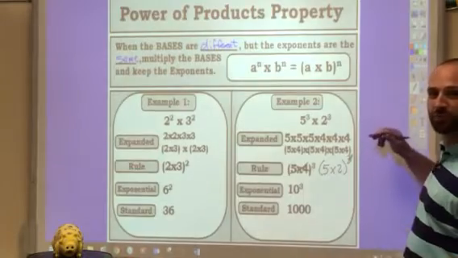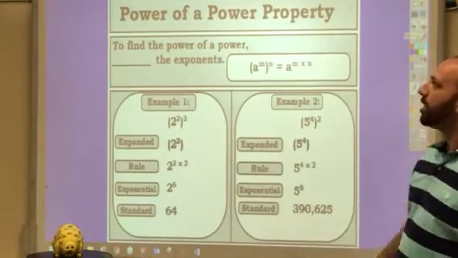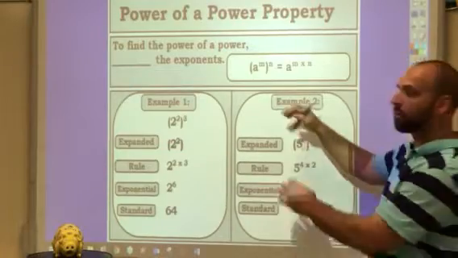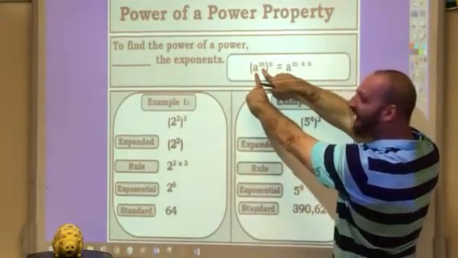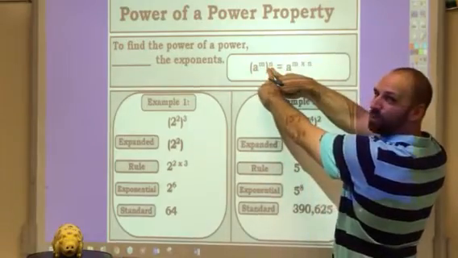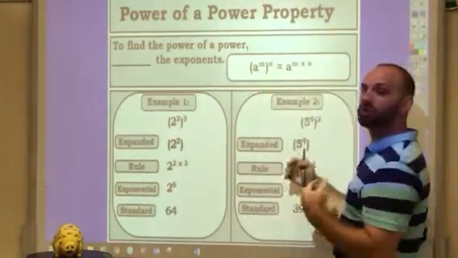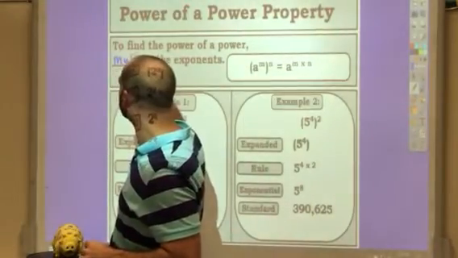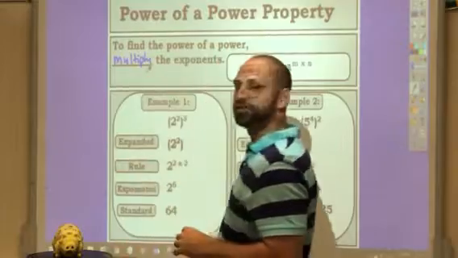And our last rule for this video, power of a power. So we're literally taking one power, a to the m, and we're going to raise it to the power of n. So when we do this, to find the power of a power, we can simply multiply the exponents.